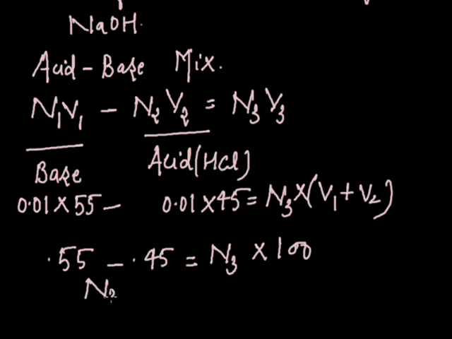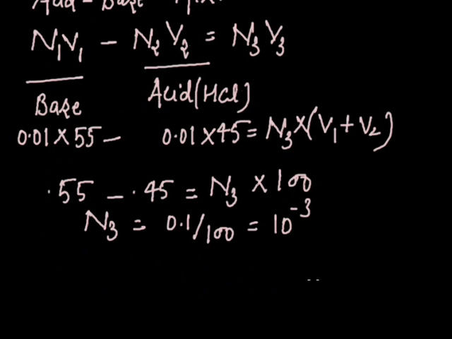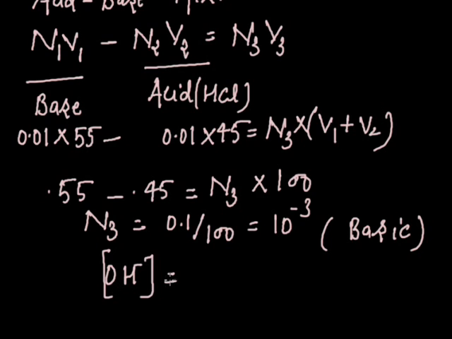So the value of N3 comes out to be 0.1 divided by 100, which is equal to 10 raised to power minus 3. Now the resulting solution will be basic in nature, as the amount of NaOH is more than that of the acid. So it will be the concentration of the OH minus ion, because the base contains OH minus ion, so the concentration of OH minus ion will be 10 raised to power minus 3.